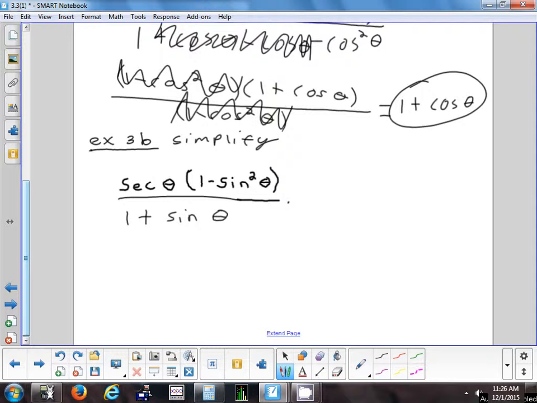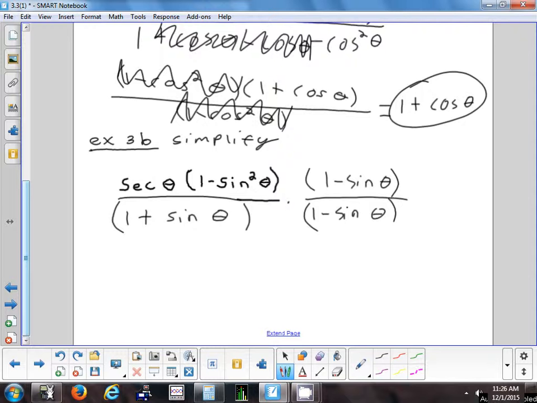All right, what's my conjugate here, Nathan? Is it for the top or bottom? Always the bottom. It's 1 minus sine. Yep, 1 minus sine. So we got 1 minus sine and 1 minus sine. Do you think I want to FOIL out what's in the top?